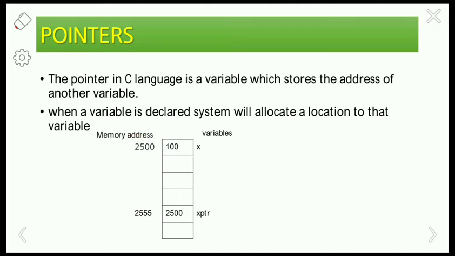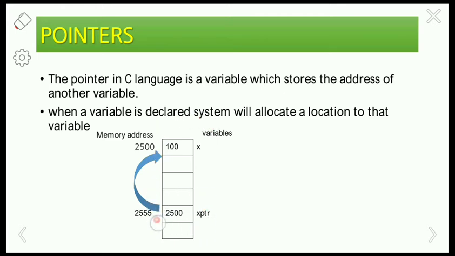Here I am declaring another variable, the x pointer. The x pointer holds the memory address 2500, so it is pointing to the variable x. It will store the address of the variable x, that is 2500.